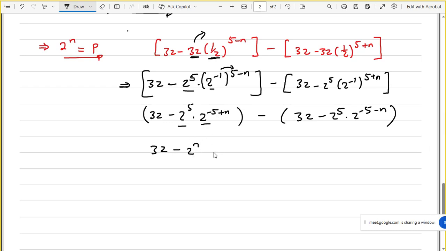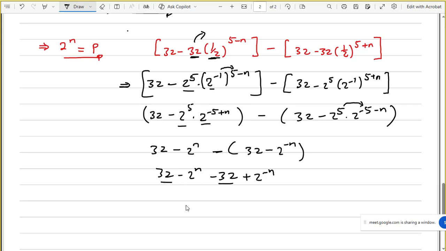Then we need to subtract inside the bracket. 32 minus, this is also 2 to the power minus n, because the 2s, they just give us 0. Multiply out the bracket by that negative. So this is minus 32 plus 2 to the minus n.